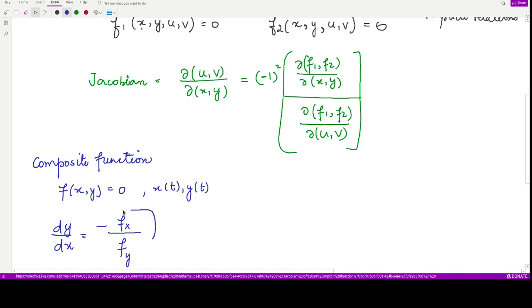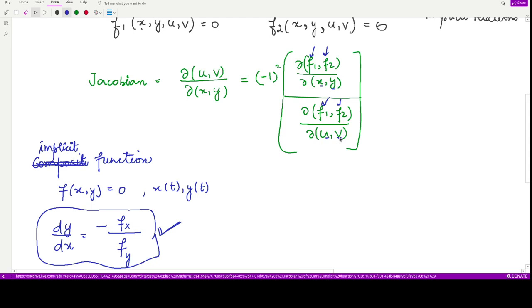So this was the formula for the implicit function, in fact, not the composite function. Similar is this formula, where you calculate the Jacobian of f1 and f2 with respect to x and y, and then the Jacobian of f1 and f2 with respect to u and v.